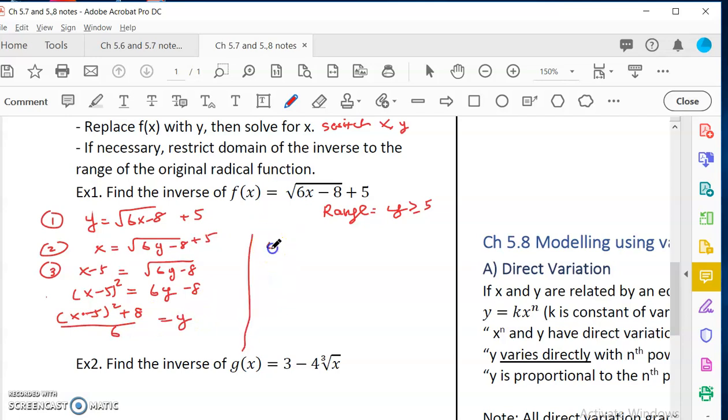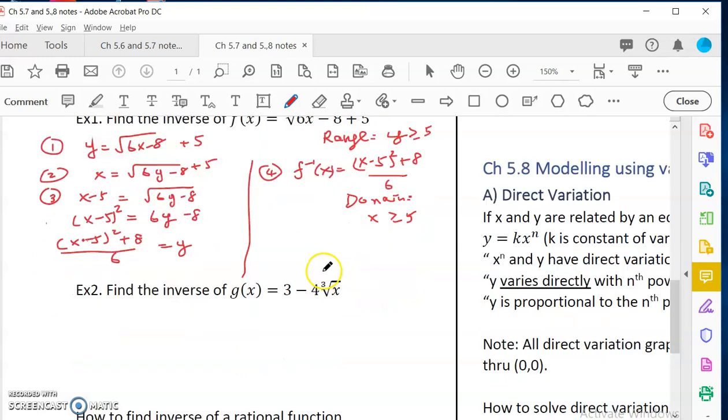And then the last step is to write it as an inverse. f inverse of x is equal to x minus 5 squared plus 8, over 6. But the original function has a range of y greater than or equal to 5, so the domain of this new inverse function is x greater than or equal to 5. And that's the inverse.